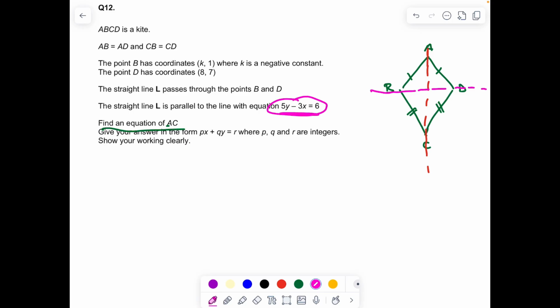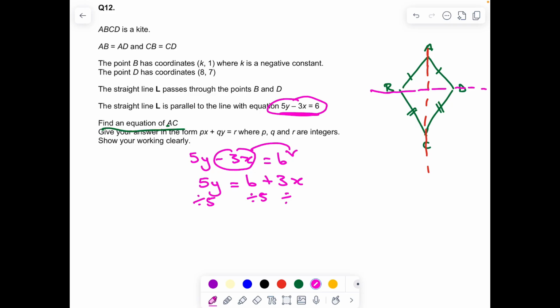So in order to find the gradient, I'm going to rearrange it. So 5y minus 3x equals 6. I'm going to take the minus 3x onto the other side, so it becomes 5y equals 6 plus 3x, and then I'll divide everything by 5.